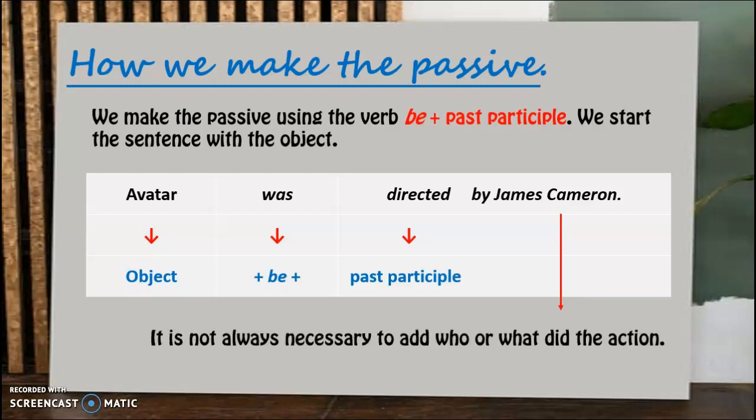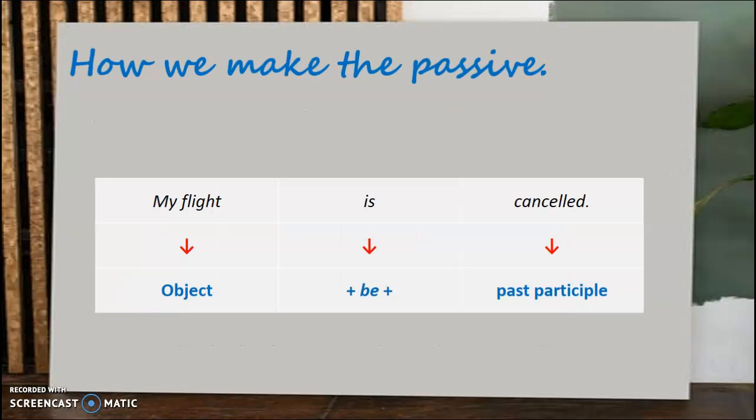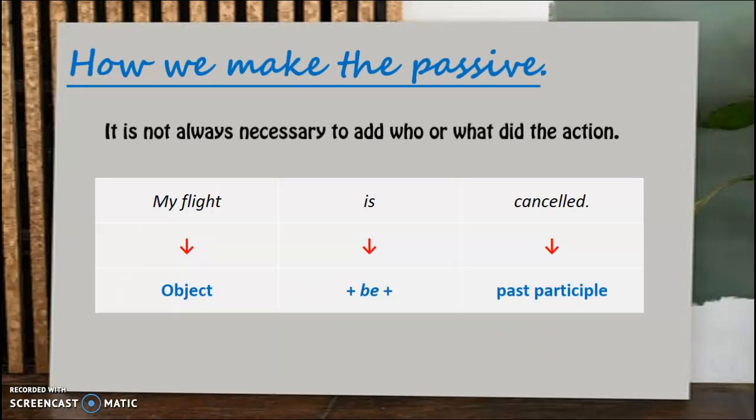The agent, in this case by James Cameron, is not always necessary to add, who or what did the action. For example, here, my flight is cancelled. In this case, it's not necessary.